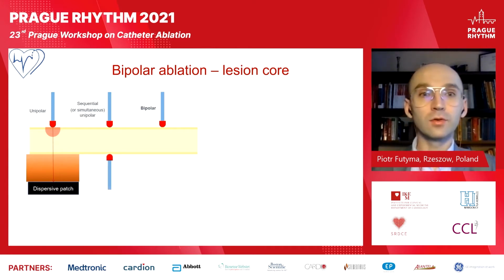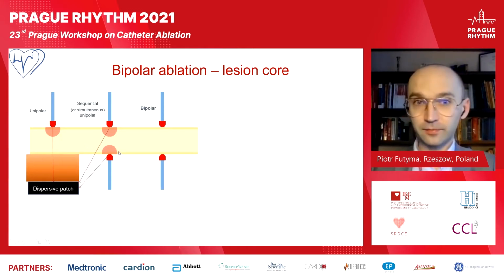What we frequently do when we want to target a deeper substrate, we ablate from different spots in a sequential or simultaneous unipolar manner, but still ablation current goes from tips of these two catheters to a dispersive electrode, and we create two different lesions.